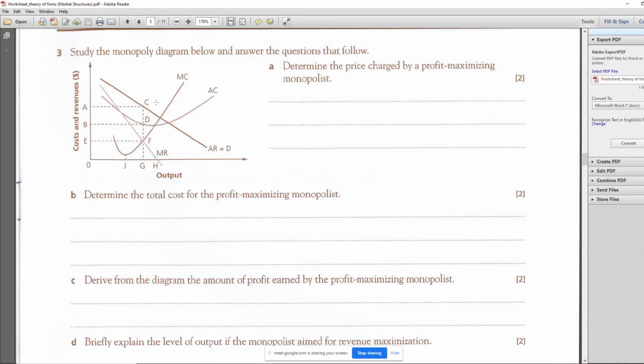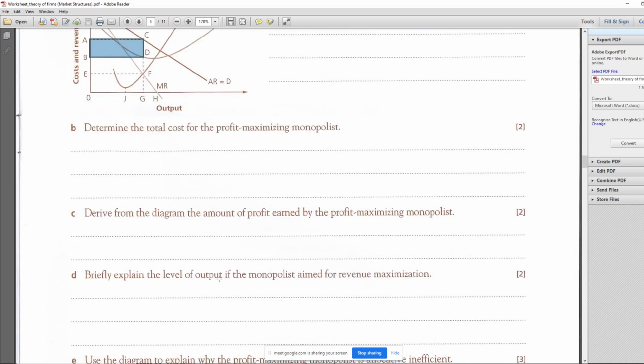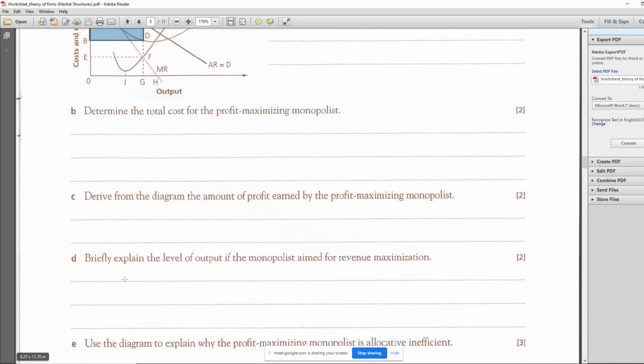Using the same concept, average revenue multiplied by the output gives you total revenue, which is this area right here. If you use the total revenue minus the total cost, you will see an extra area remained, which is A, B, C, D. So C is easy.